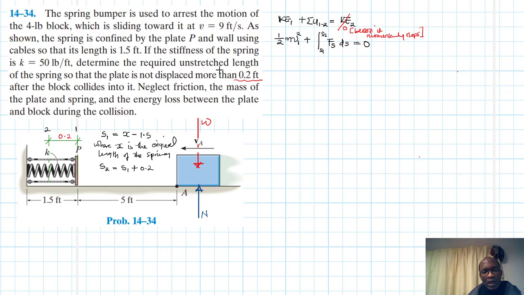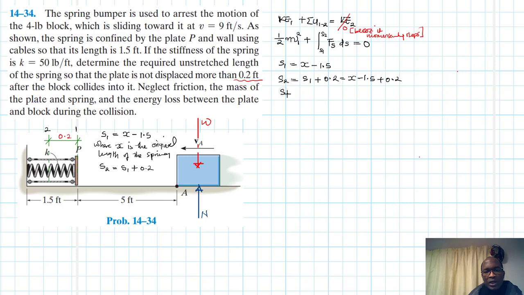So we are saying the kinetic energy at that point is equal to 0. So let's work with this integral. Mind you, we said S1 here is equal to x minus 1.5, and then S2 is equal to S1 plus the displacement 0.2, which is x minus 1.5 plus 0.2.